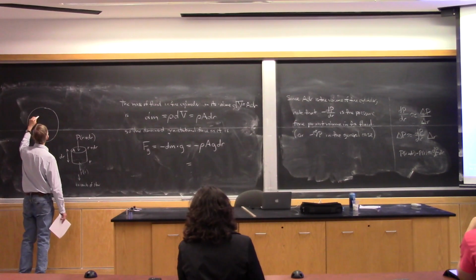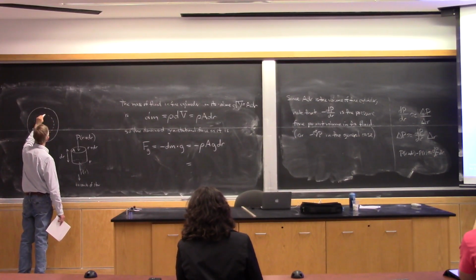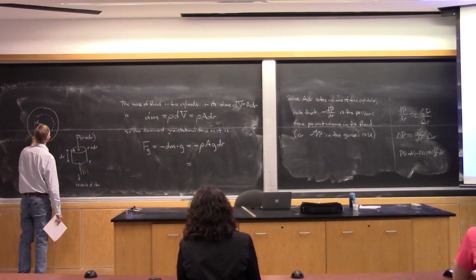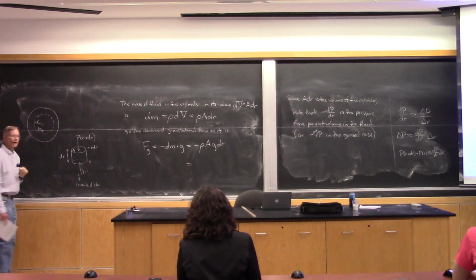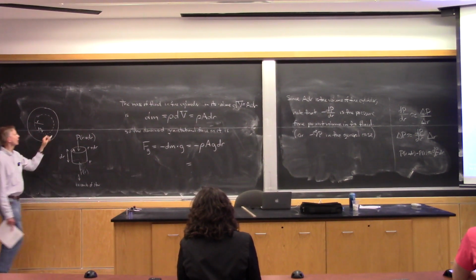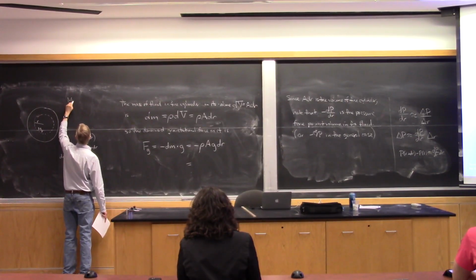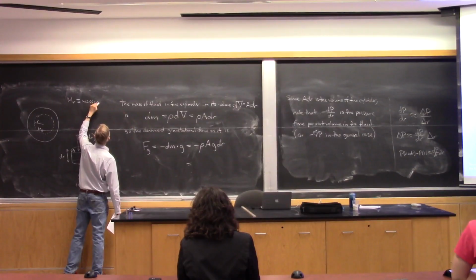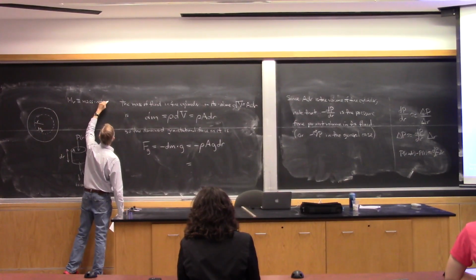And so if we are at some location within the star, at radius r from the center, we can say that M sub r is the mass interior to radius r.